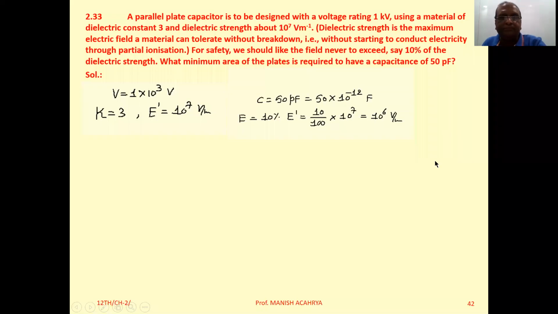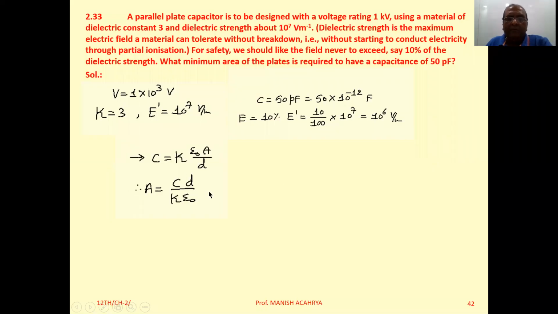Now, capacitance C is K epsilon 0 A by D. So the area A of the plates is equal to C D upon K epsilon 0.